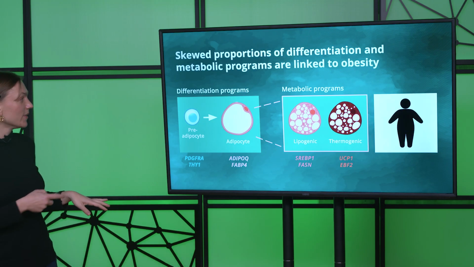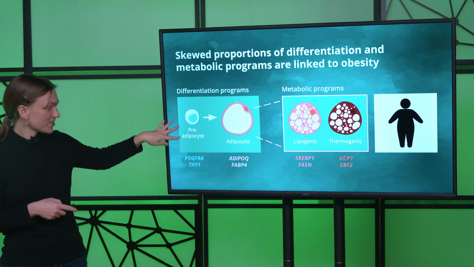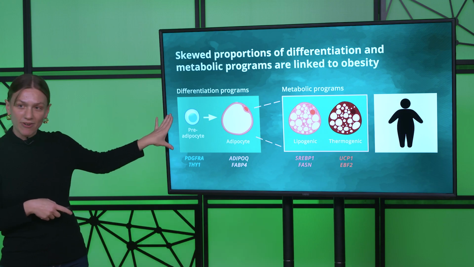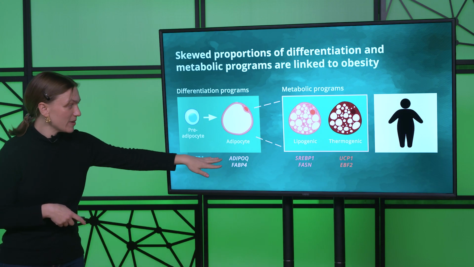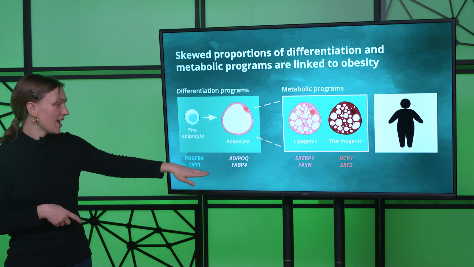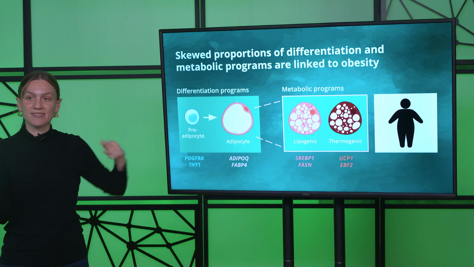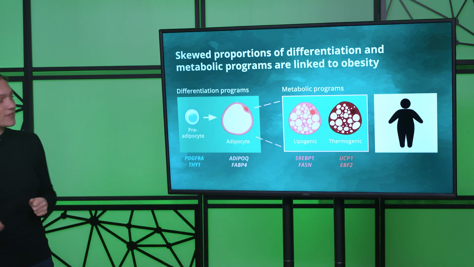The second problem is that we know how only a few of these genes work. For example, we learned that PDGFRA is important for cell division, so if you delete this gene, then the pre-adipocytes won't proliferate anymore. And AdipoQ is very important for the adipocyte population, and so maybe if we delete this gene, then we'll see less productive signaling between adipose tissue and other tissues.